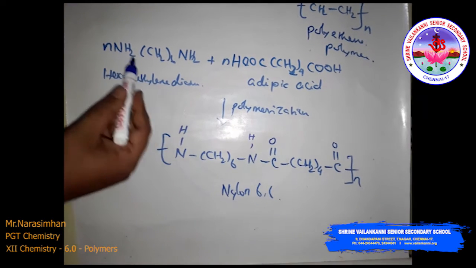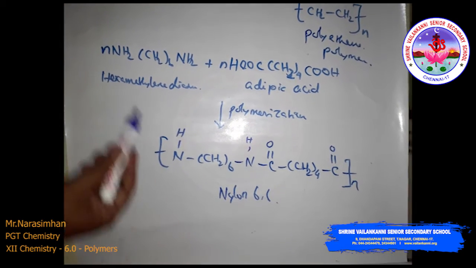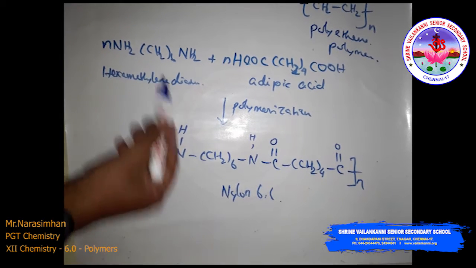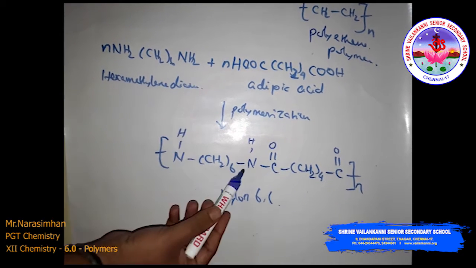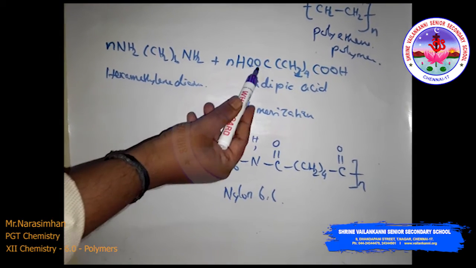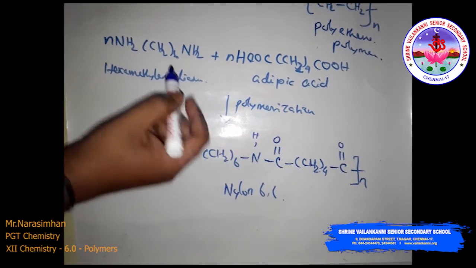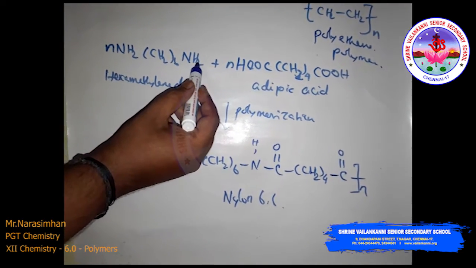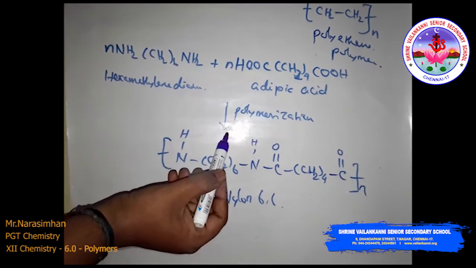So the remaining H, another NH2, so NH (CH2)6 NH, then this connects to the COOH, because a water molecule is removed here, one H from the amine and one OH from the acid.